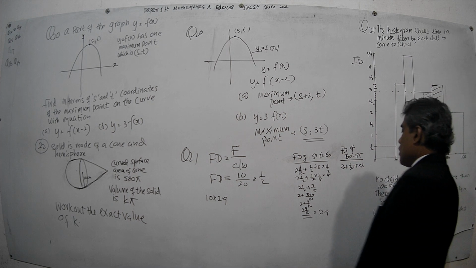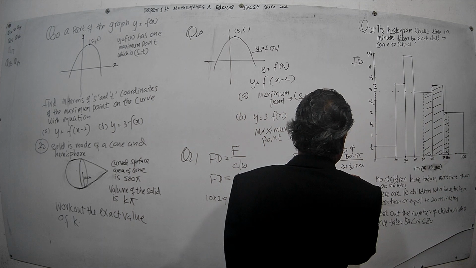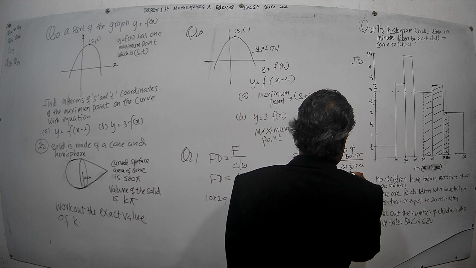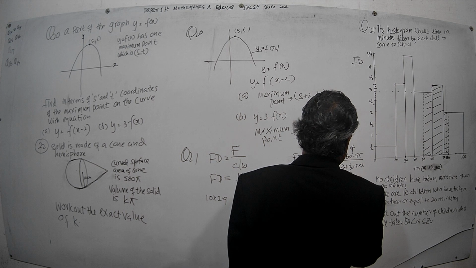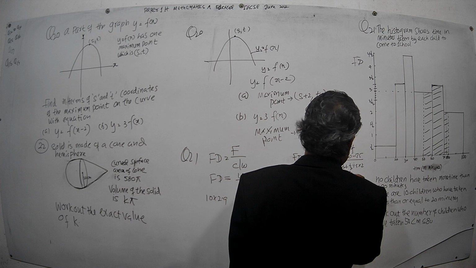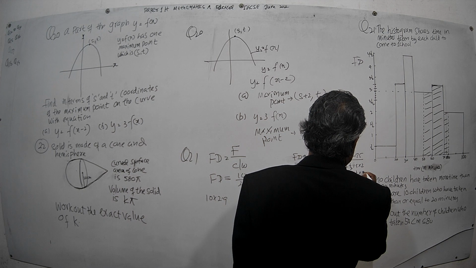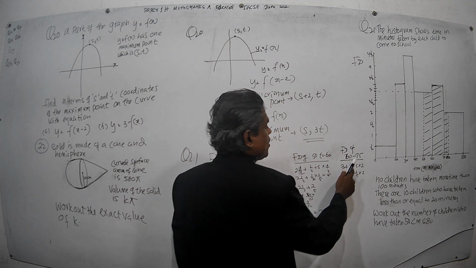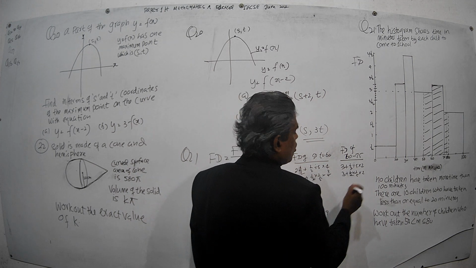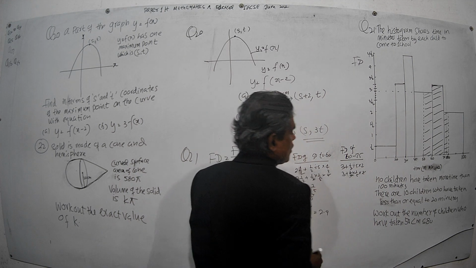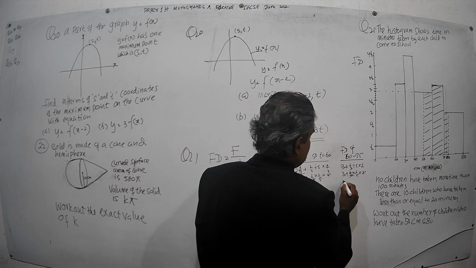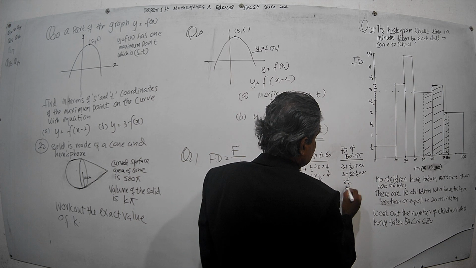Then it will be 3 plus half into 1 over 5 into 2. The division by 5 can be written as multiplication by 1 over 5. Then like this, what you have is 3 1 over 5.